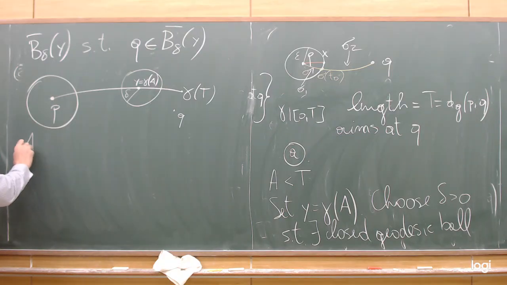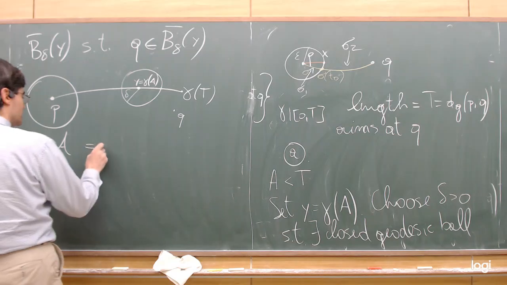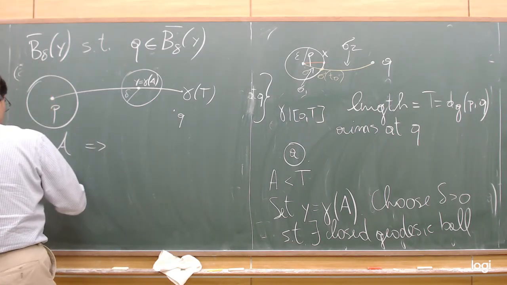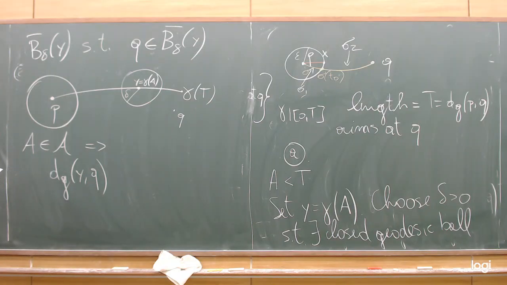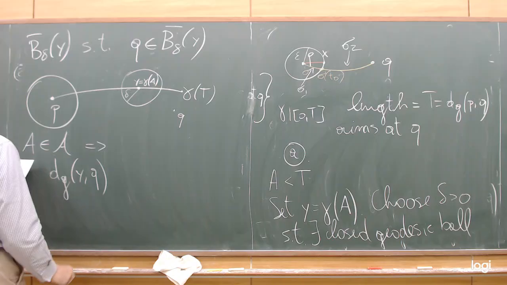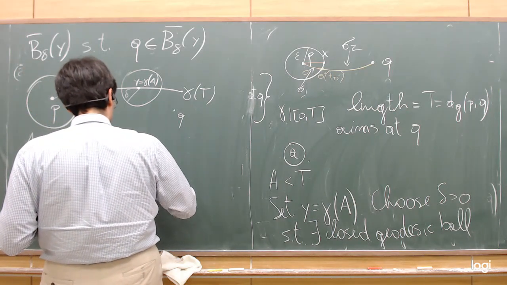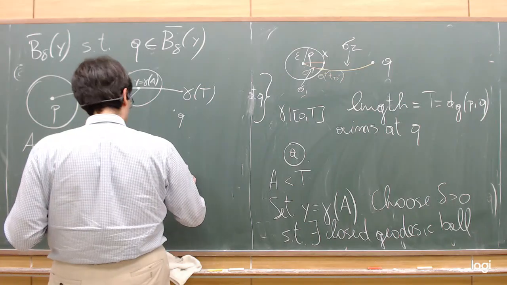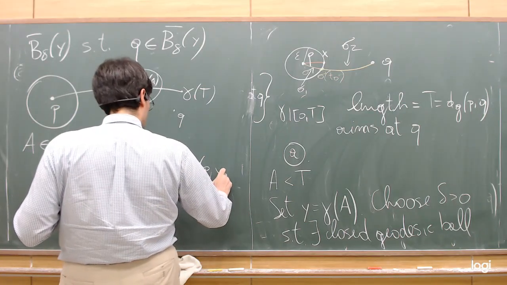So if A belongs to the set A, we have that the distance between y and Q can be computed as the distance from P to Q minus the distance from P to y.